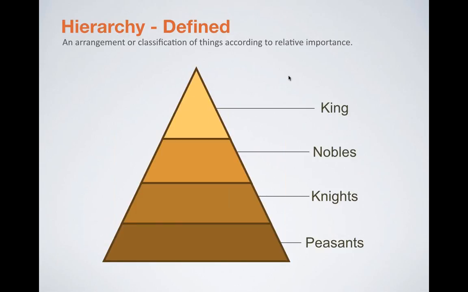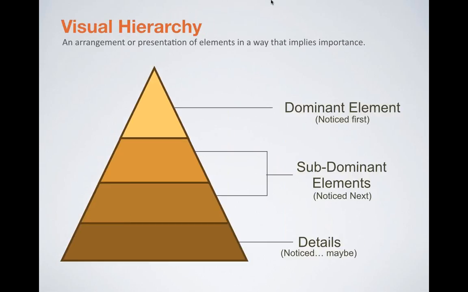A visual hierarchy then would be an ordering or a ranking of visual elements by order of importance. At the top of that hierarchy, you would have the most dominant element. And when I say dominant, I mean that thing that captures your attention, that has the strongest draw on your eye. So your eye immediately goes there.